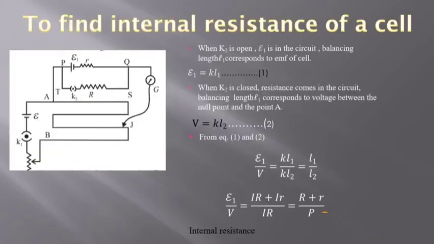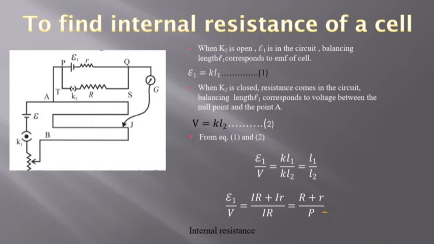Now the second use is to find the internal resistance of the cell. The experimental setup for this method consists of potentiometer wire AB connected in series with the cell of EMF E and the key K1 and rheostat RH.